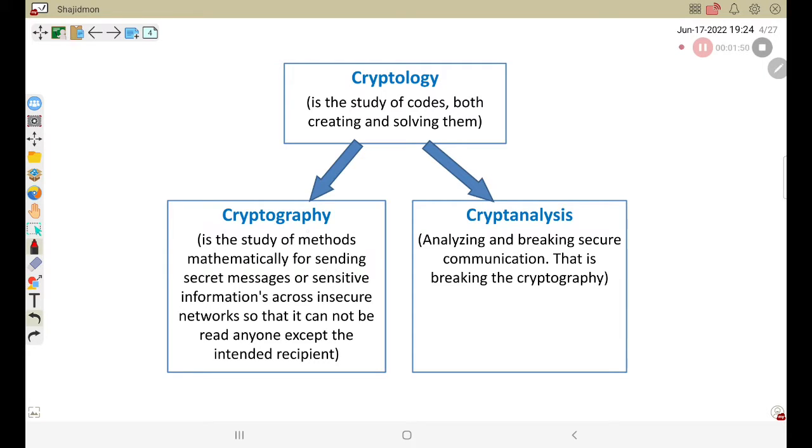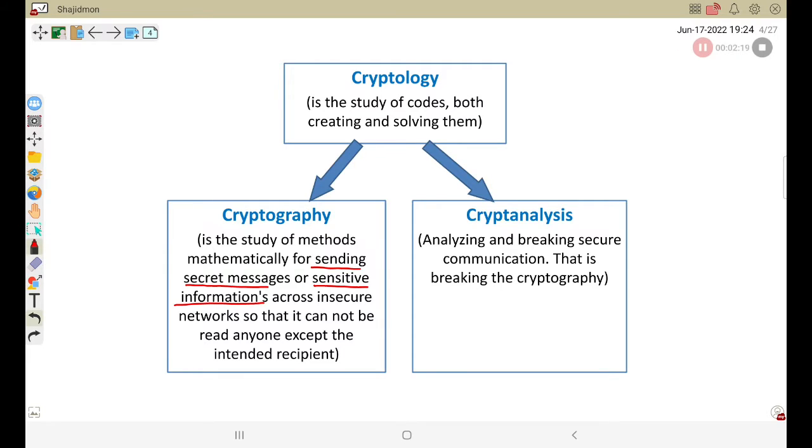Very simply, we need to send sensitive information or a secret message to someone in a secure way, so that nobody except that recipient can read it. That is what we call cryptography.